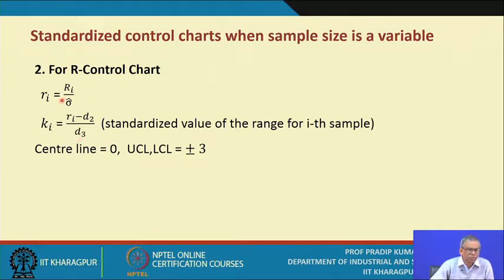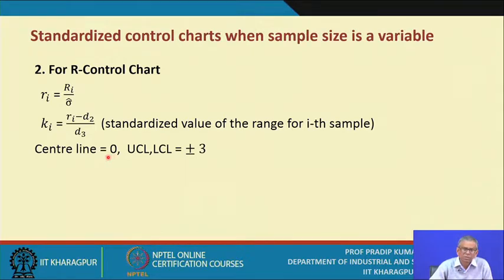Sometimes we refer to another notation, that is W. The standard deviation of the relative range, D3, has also been proved to be a function of the sample size. So you convert these Ri values into Ki values, the standardized values of the ranges for all the samples.